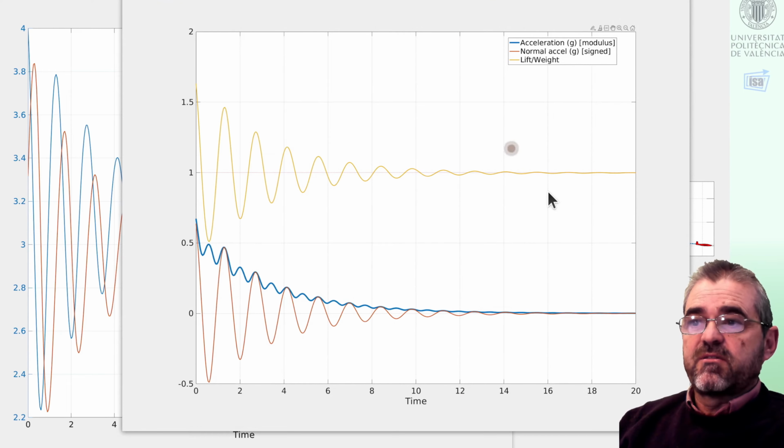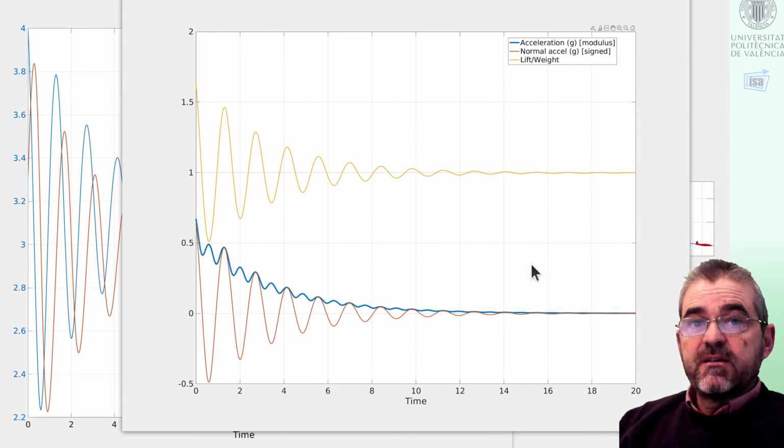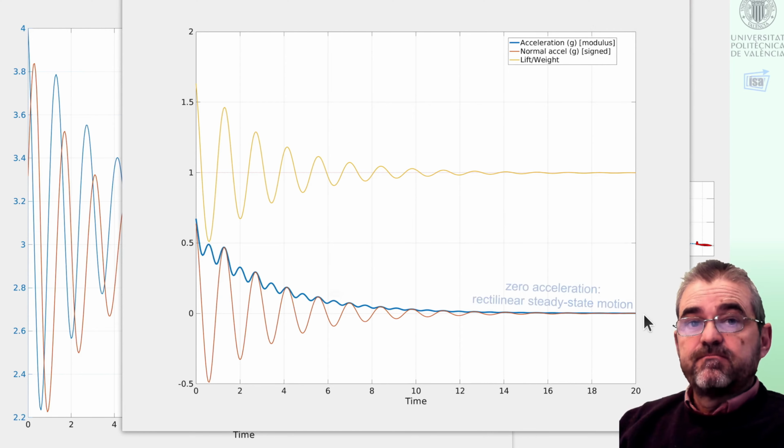If we now look at the accelerations and other forces involved, the blue line is the modulus of the acceleration vector. It decays to 0, indicating that indeed at the end of the transient the gliding speed is constant and the path is a straight line.